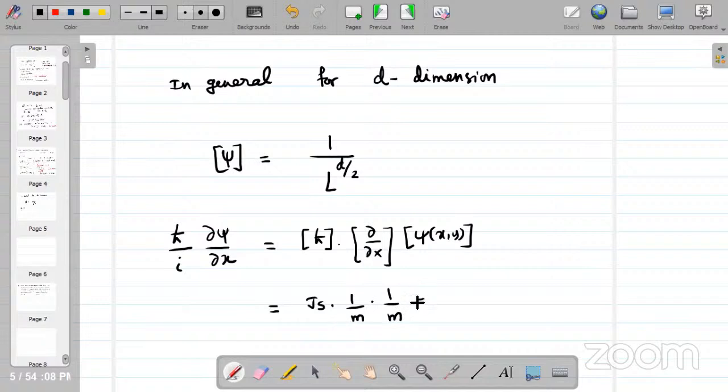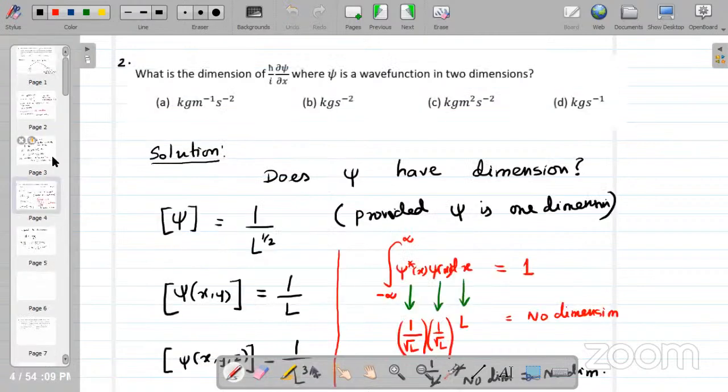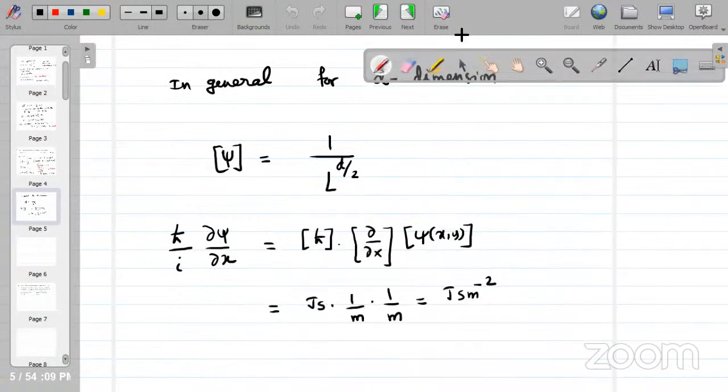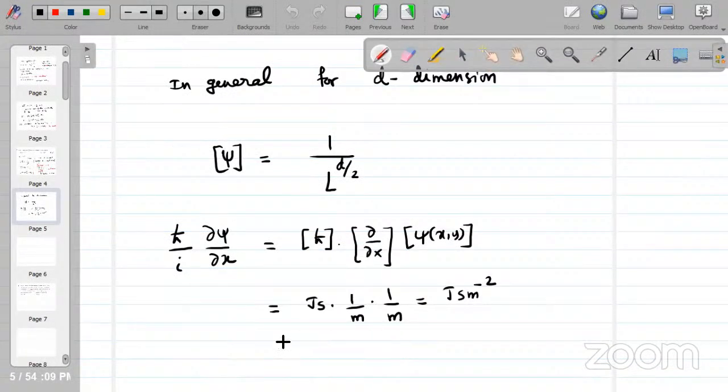So we have now joule second meter minus 2. But I think they have expressed it in terms of kilogram, second and meter, look at the question. So let me rewrite joule. Joule is equal to kilogram meter square second power minus 2, right?